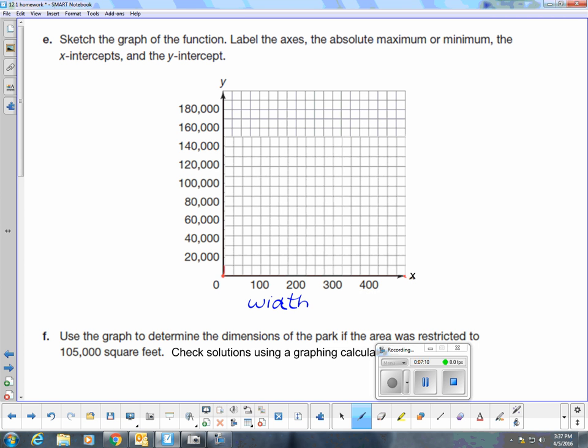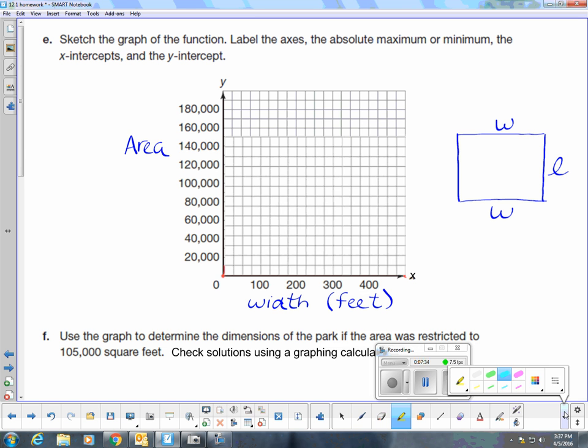So if you remember, my dog park had a width and another width and then a length. So my width in terms of feet is my x value, and my y values represented the area of this entire region in square feet.